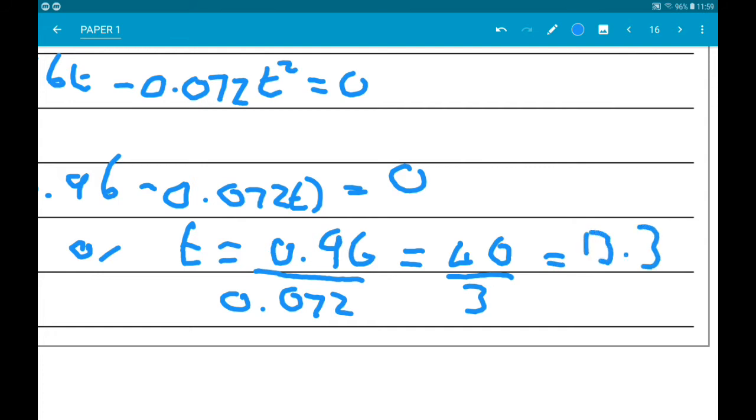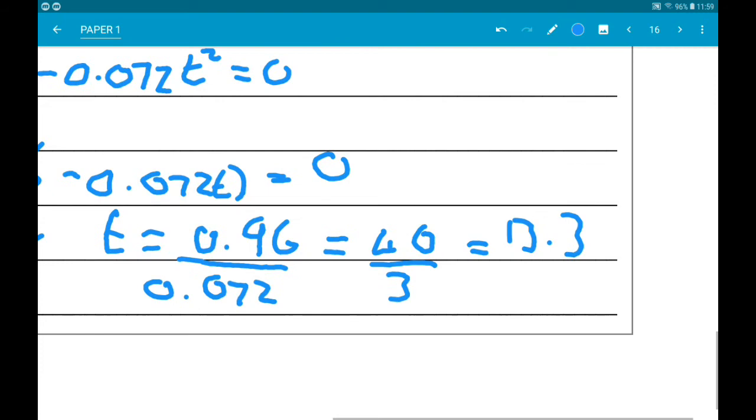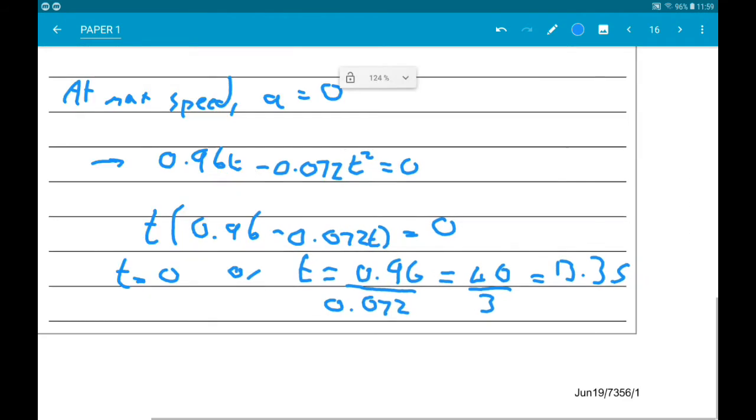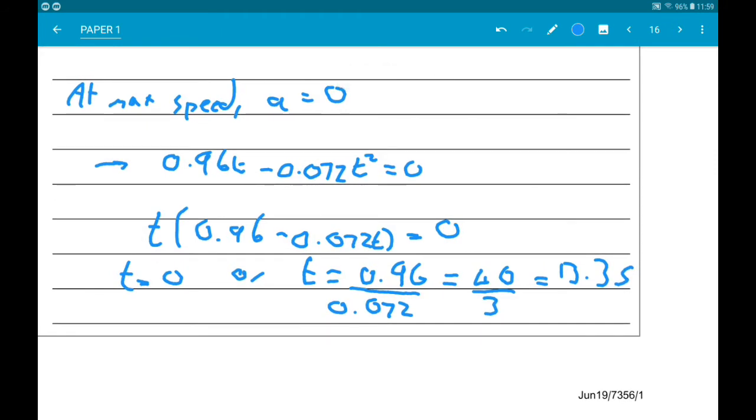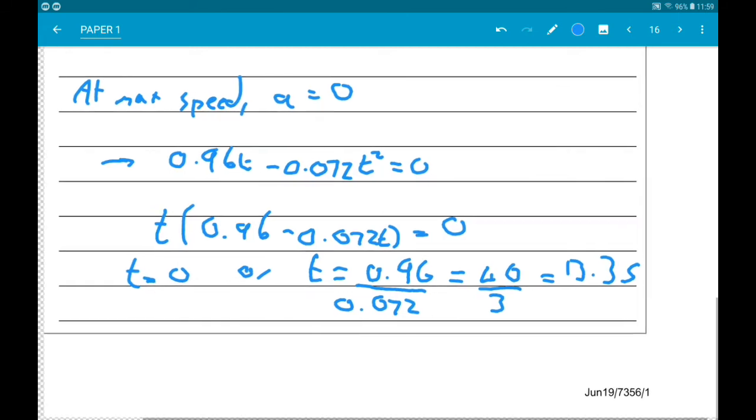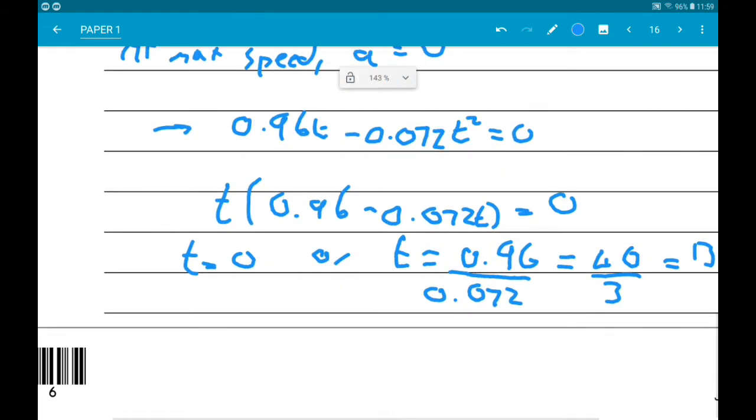Now remember what we're finding here, that is the time at which the maximum speed occurs, so that's seconds. So to find the maximum speed, we now need to put that time into the velocity function. So v of 13.3 should give you 28.4 meters per second.